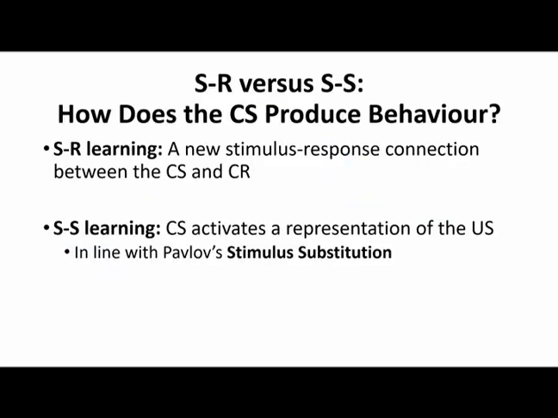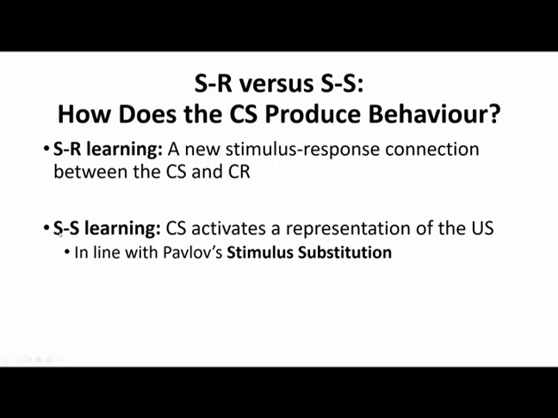The next thing we're going to talk about is how our conditioned stimulus ends up actually producing our behavior. So what kind of mechanism do we think is going on? And to do this, we're going to look at S-R and S-S learning. So S-R learning is basically saying that a new stimulus-response connection forms between our conditioned stimulus and the conditioned response.